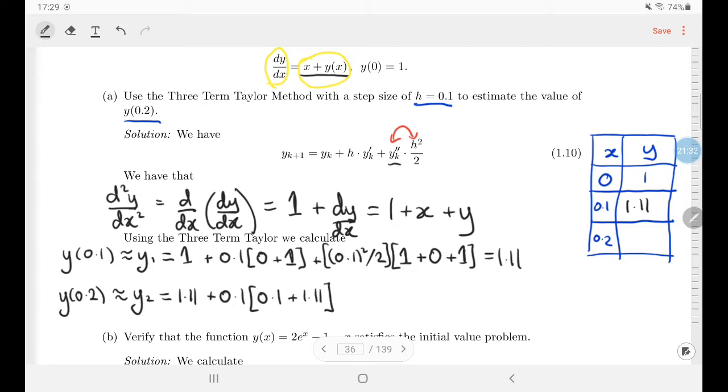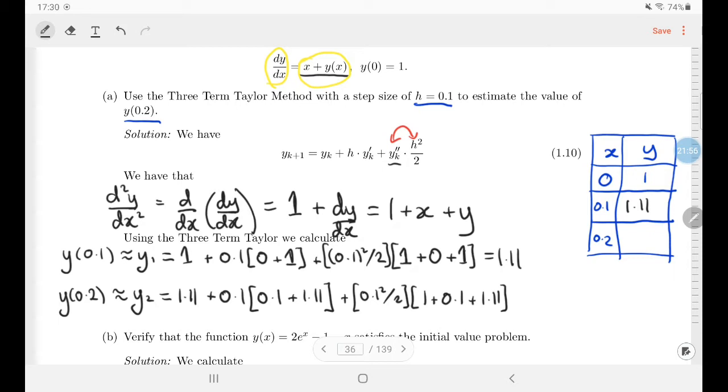That's the previous x plus y, plus the step size squared over 2 times the previous second derivative. And the second derivative is 1 plus x plus y: 1 plus previous x, which is 0.1, plus previous y, which is 1.11. Okay, and we'll bang that into the calculator and see what comes out.